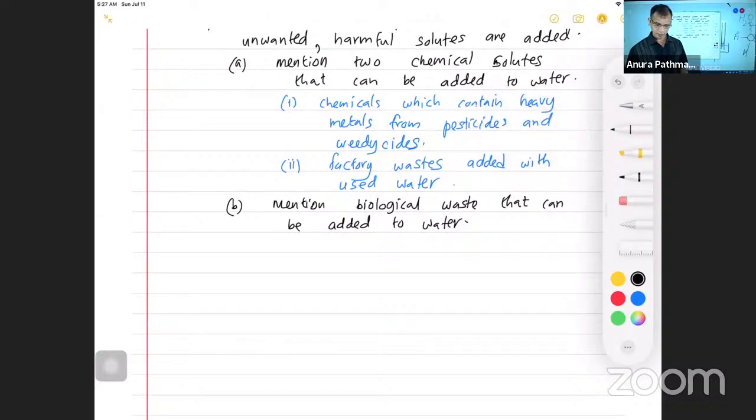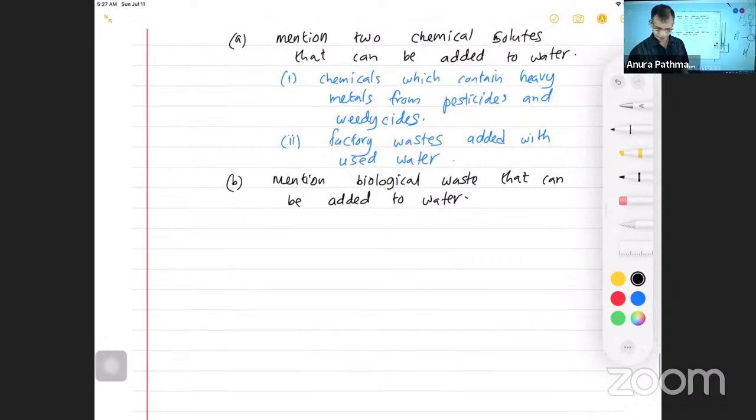Yeah, we can write what? The substances that contain ammonia. Ammonia is included in urine and fecal matter, right? Nitrogenous waste from the organisms.